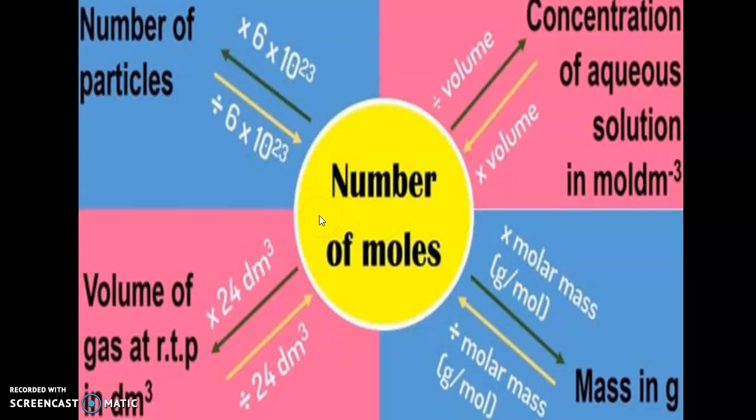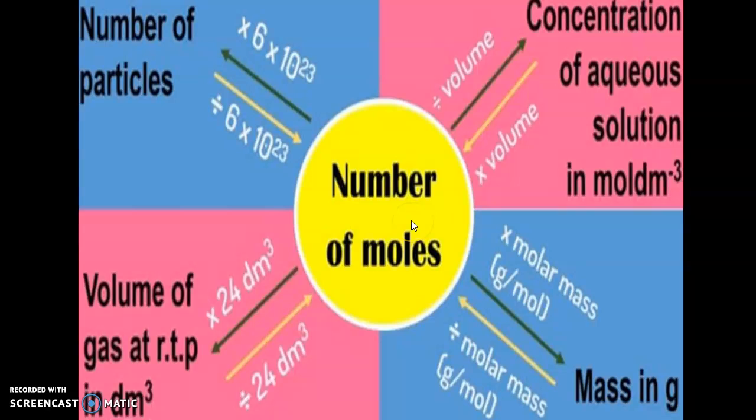Concisely, if the number of particles is given and you have to calculate the number of moles, then divide the number of particles by 6 × 10^23. But if the number of moles is given and you want to calculate the number of particles, multiply the given moles by 6 × 10^23.